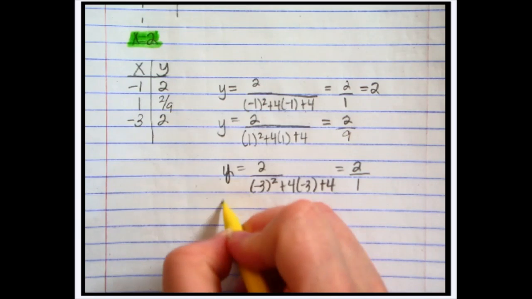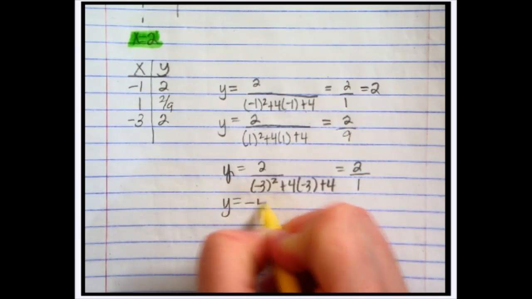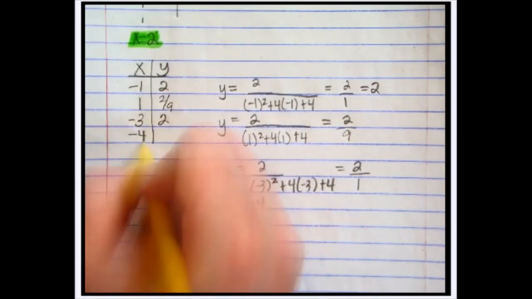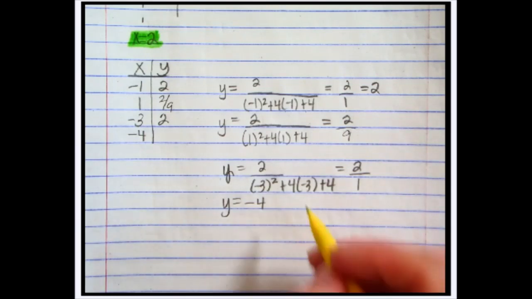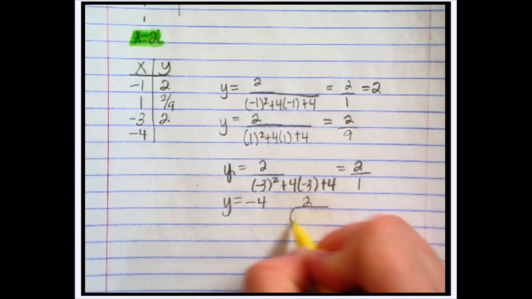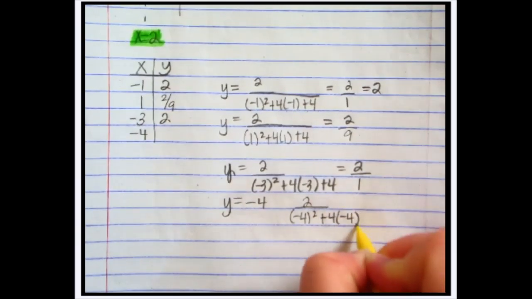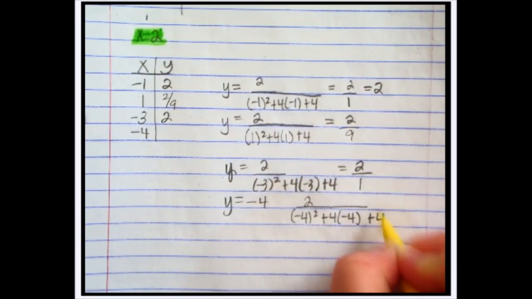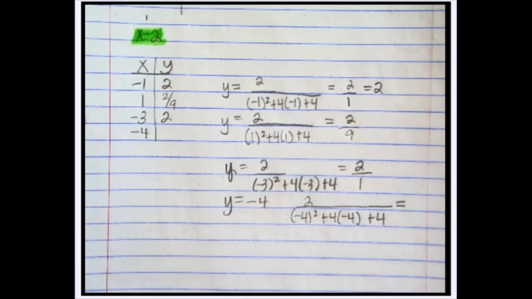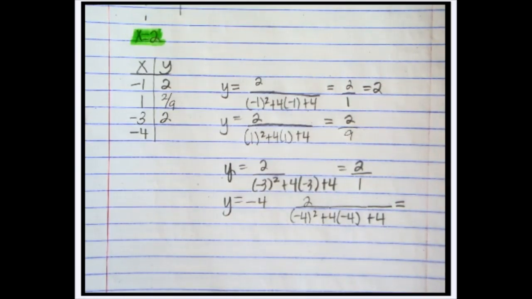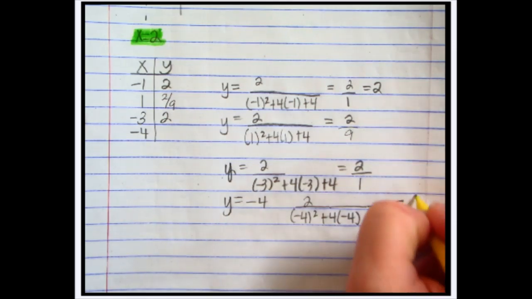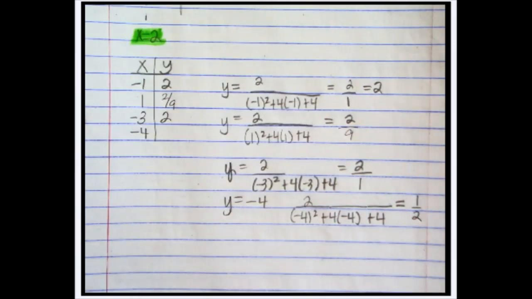And then let's do one more, so let's do -4. So I have 2 over -4 squared plus 4 times -4 plus 4. So I get 2 over 16 minus 16, which is 0, plus 4. So we get 2 over 4, which is 1/2.